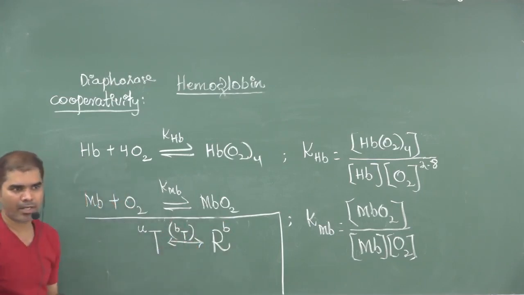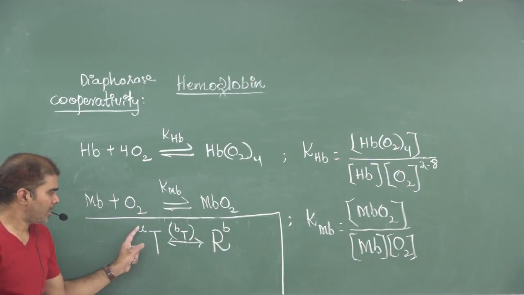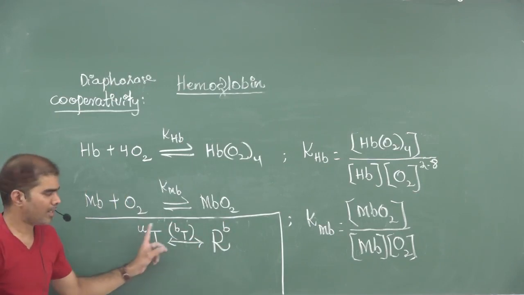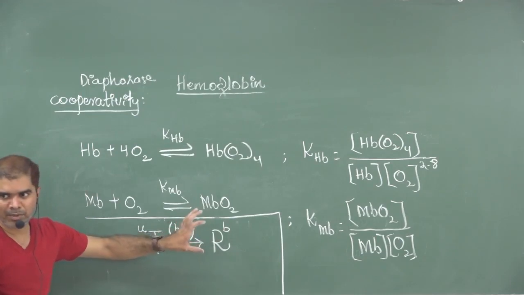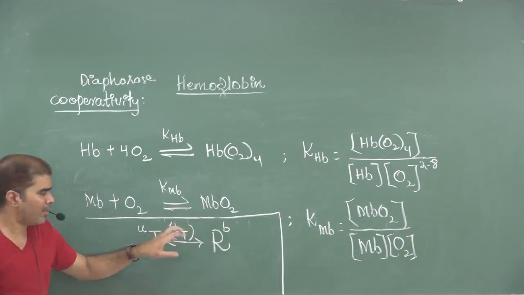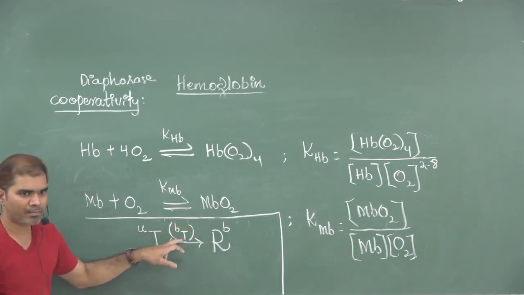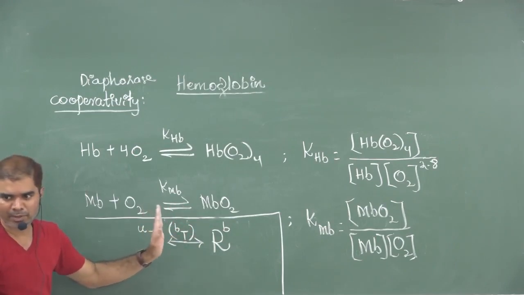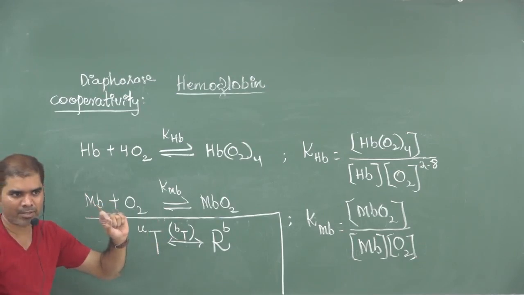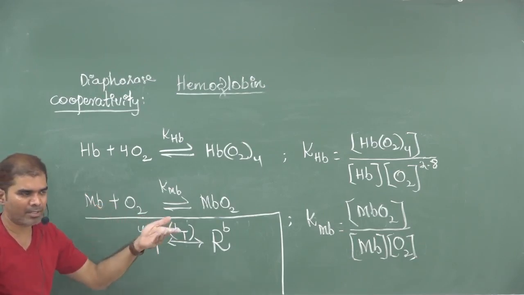Okay, just for your understanding, you look here. This is an unbound T state converting into bound R state, but there is a group of scientists who have also proposed a different type of state. It is called a bound T state. It is not there in most of the literature, so don't get confused, but I am just introducing the terminology. If you come across it anywhere in the literature, you try to study.